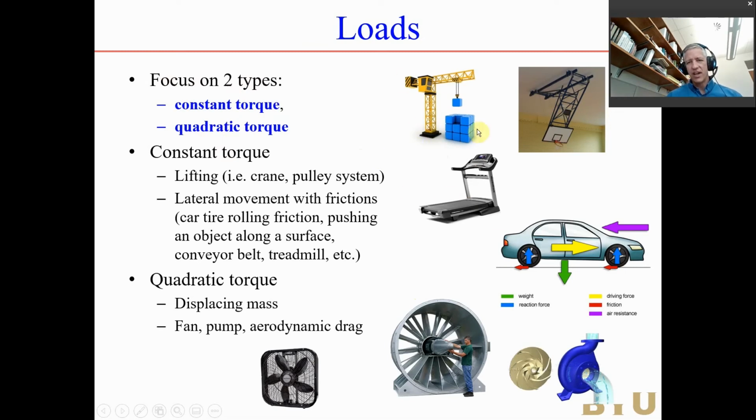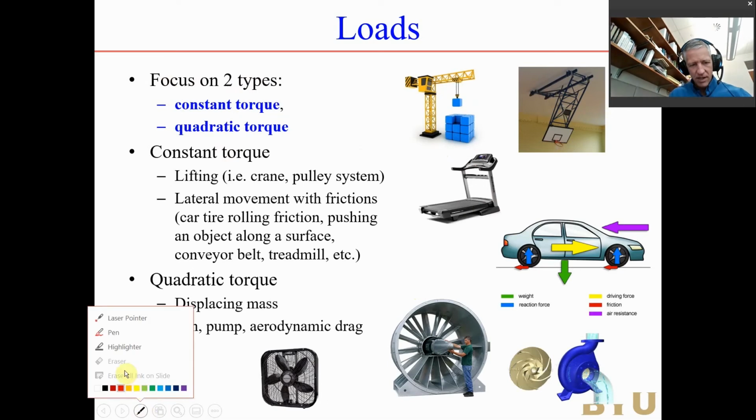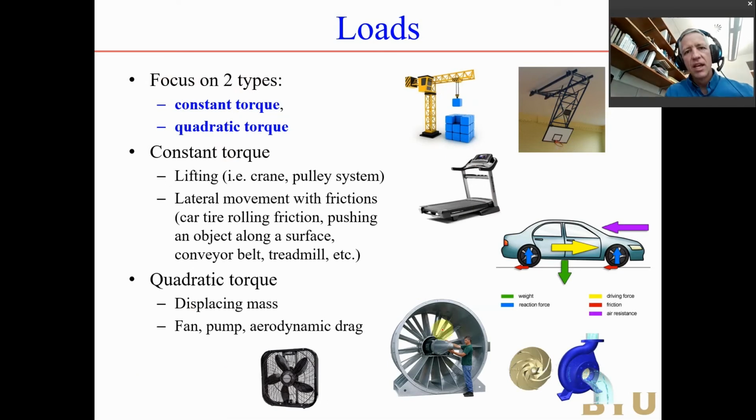First of all, if I have a crane type system, if I have a pulley and then it's going down here and I have some load right here, this is going to have a fixed weight. Even when this is being pulled up and down, the amount of force going down based on the weight is going to stay the same. So no matter how fast I'm going, the torque stays the same on the system.